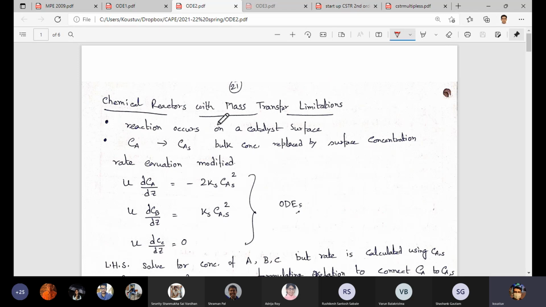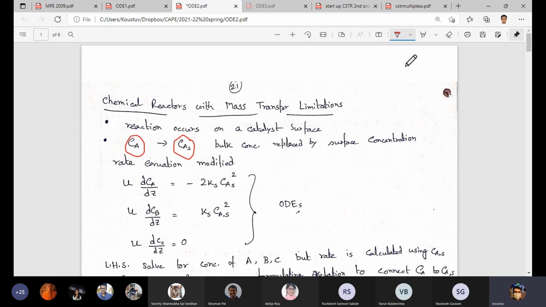But when mass transfer is also involved in the process, then the concentration based on which we calculate the rate at that particular point matters, or typically the way we write it. So Ca is basically the bulk concentration, as is understood by the notation, but Cas is the surface concentration, the concentration that is not at the bulk.